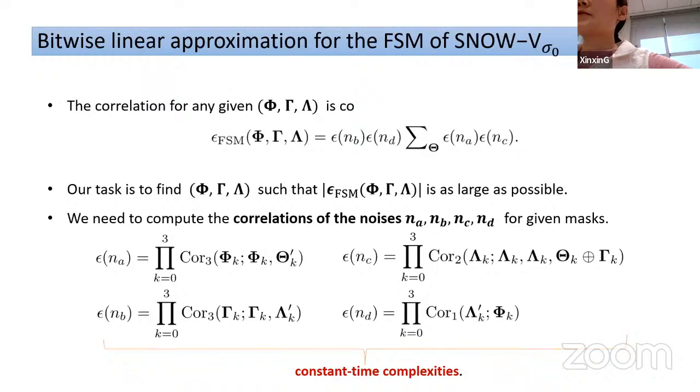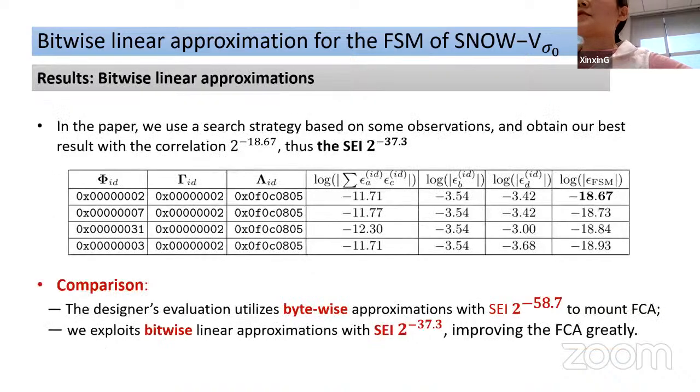The correlations of the 4 subnoises can be computed as the products of the correlations of the introduced functions, which are all constant time procedures. With these computations, we found our best results with the SEI 2 to the power of minus 37.3. Compared to the designer's evaluation, which used bitwise approximations with the SEI 2 to the power of minus 58.7 to mount the attack, we improved the fast correlation attack greatly by using our bitwise approximations.